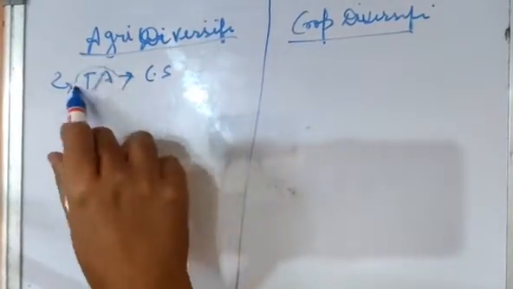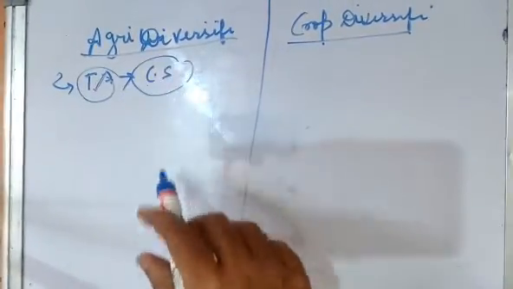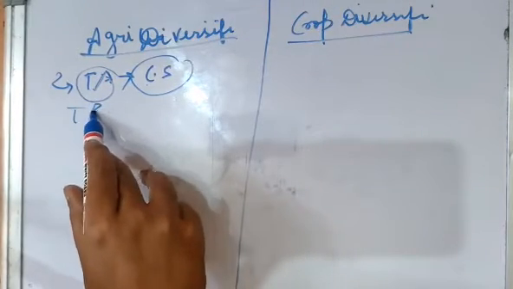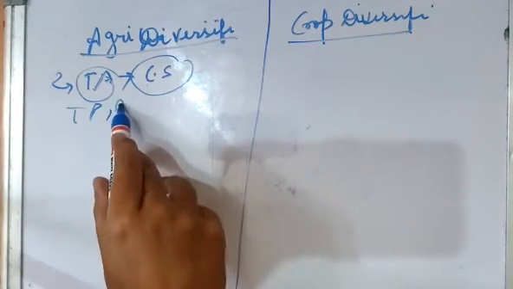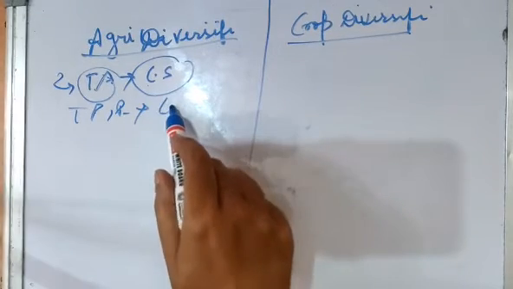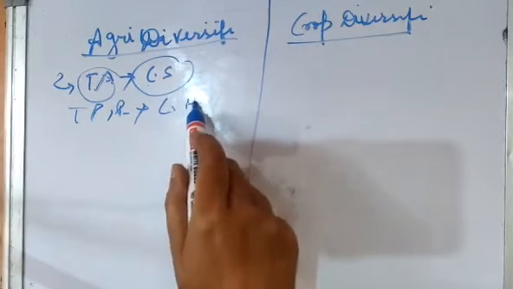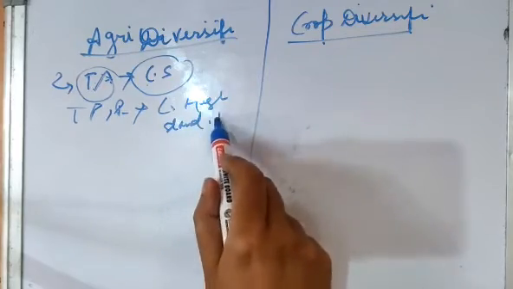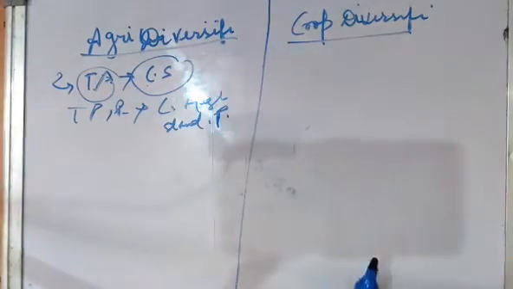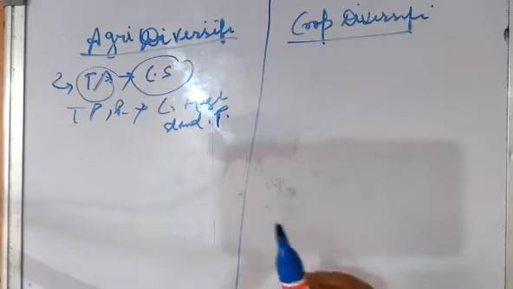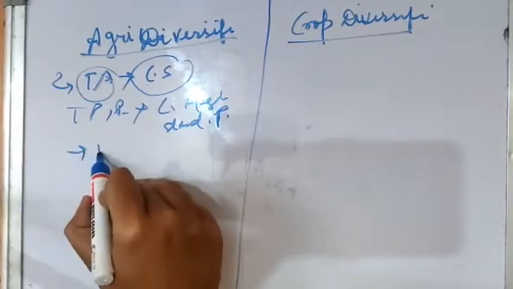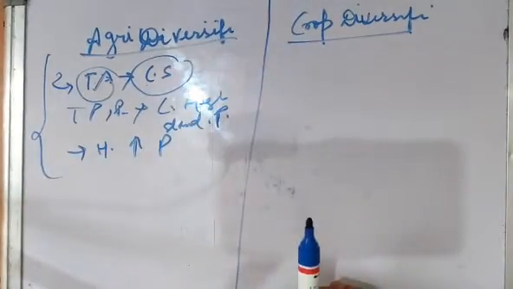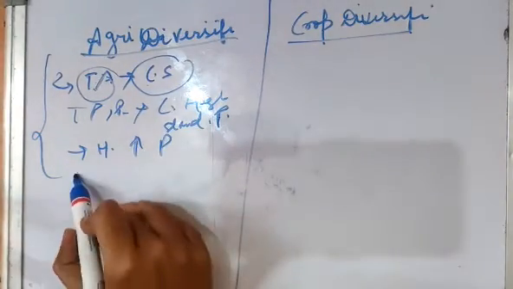Here we focus on shifting traditional practices, traditional products, into commercial or high standard products, which have high potential of increasing production. So that is what agriculture diversification is.